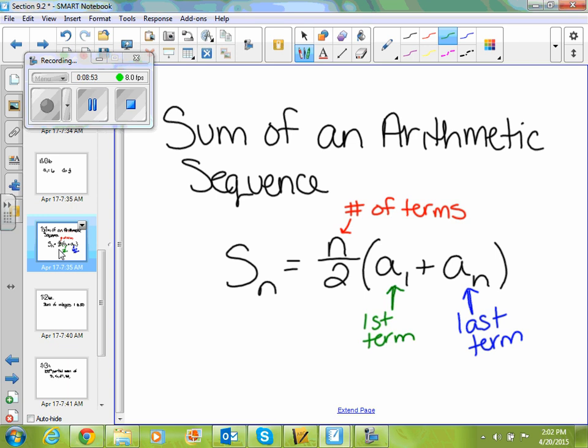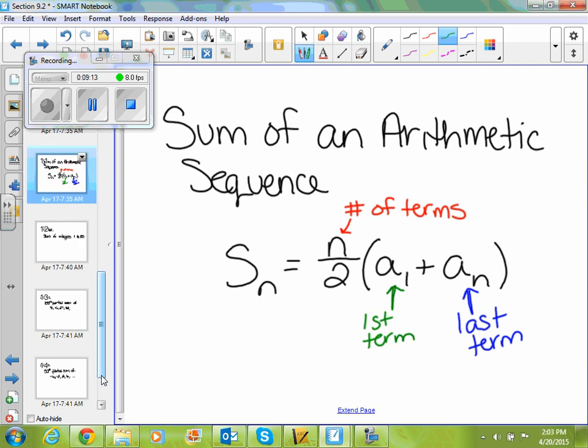Okay, so the sum of an arithmetic sequence with n number of terms is equal to the number of terms divided by 2 times your first term plus your last term. Make sense?